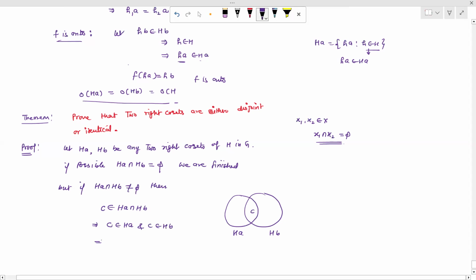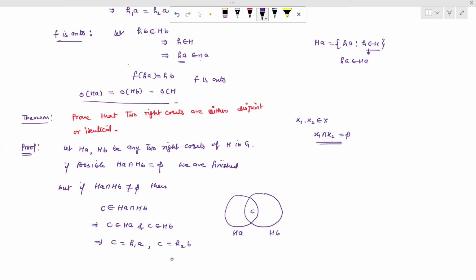So we can assume that C is equal to H1A and C is also equal to H2B.